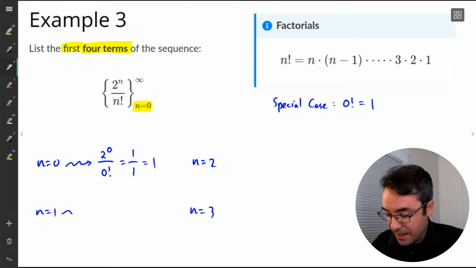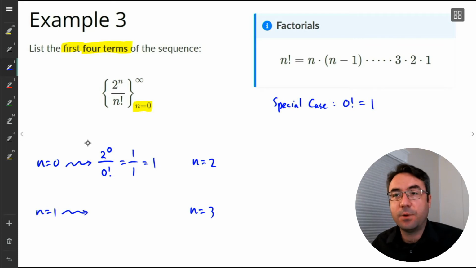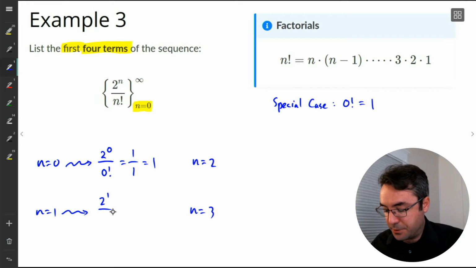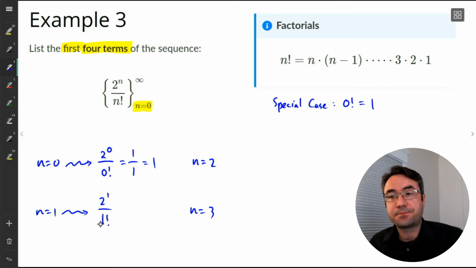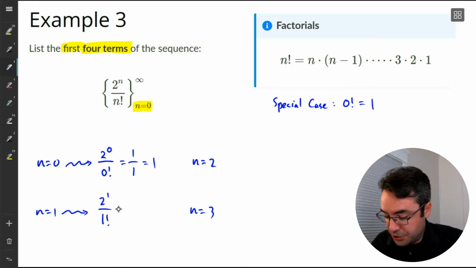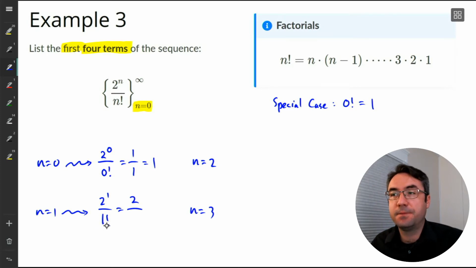Let's do the same thing. Now let's go to the next term. So n equals 1. Let's plug this into our formula. So we end up with 2 to the power 1 divided by 1 factorial. And what is 2 to the power 1? Well, that's just 2. And what is 1 factorial?